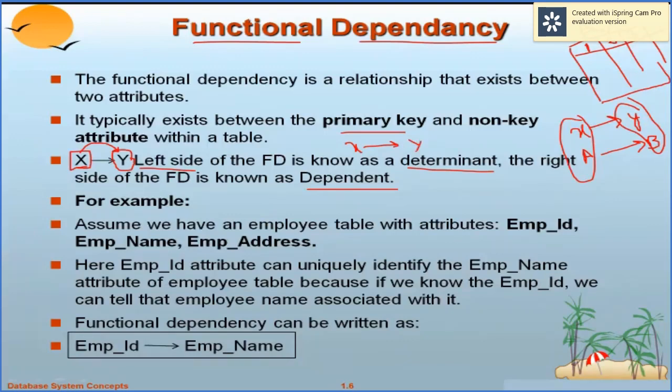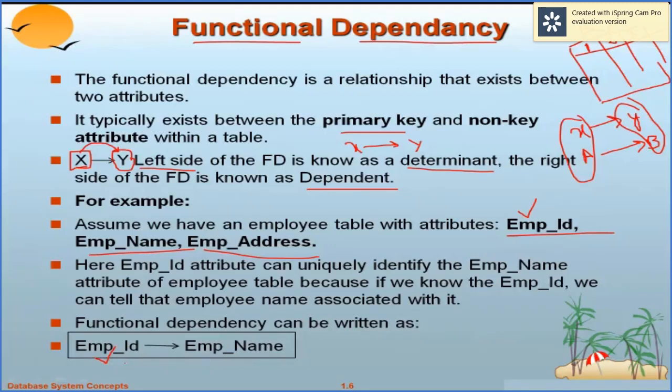Let me explain this with an example. Assume you have a table with attributes employee ID, employee name and employee address. Mark the primary key of this table, that is employee ID. Where is this employee ID supposed to be written? Employee ID should be written on the left hand side, because it is a key which helps in determining the other attribute, that is employee name.